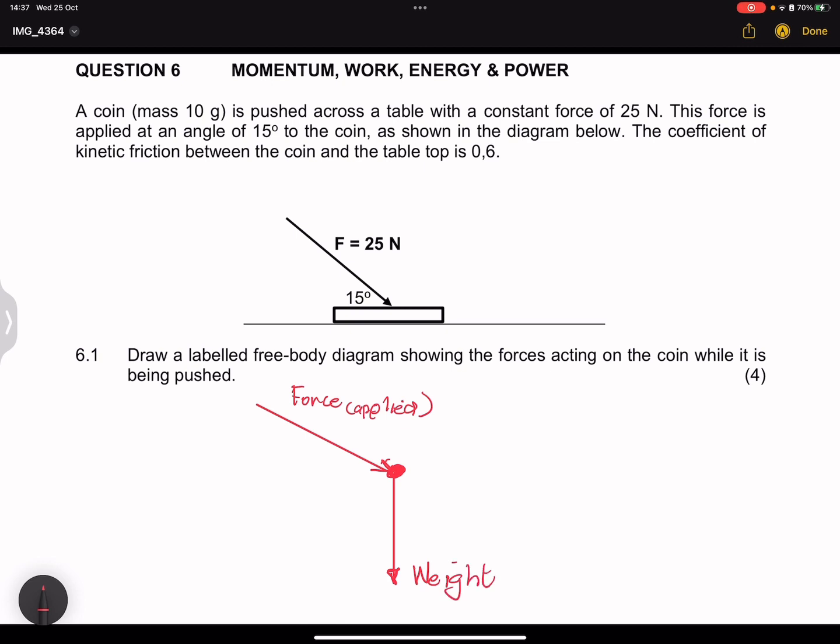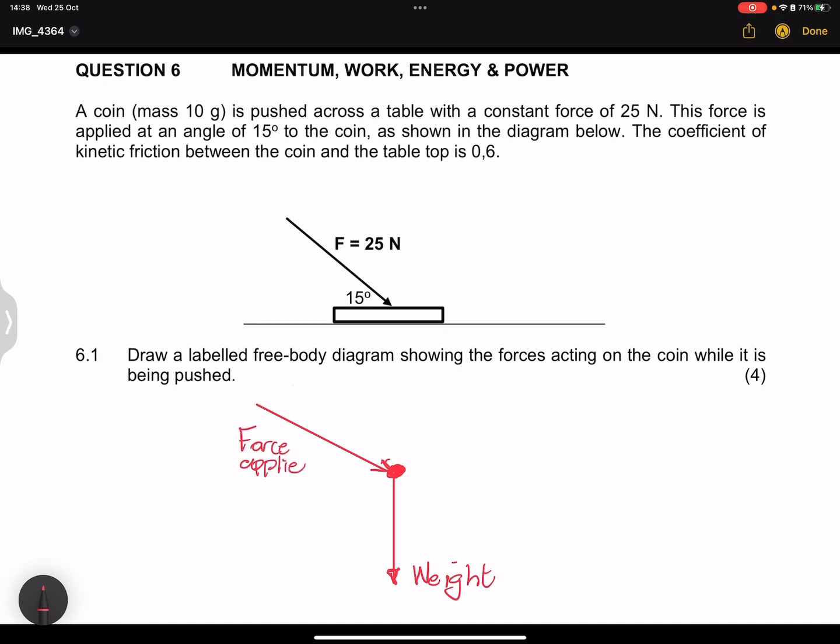And in this case, remember, we also have the normal force. So the table exerts a force on the coin. Let me just make some space this side and write down the force applied. Force applied.